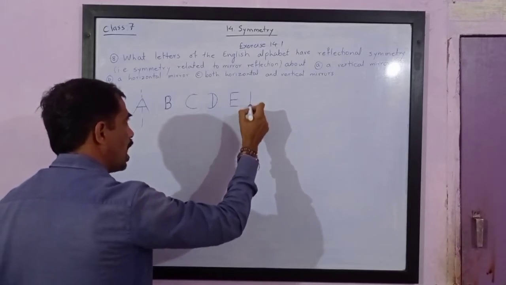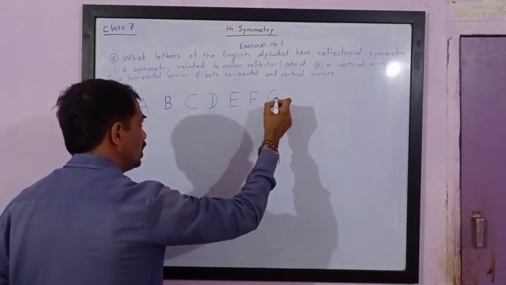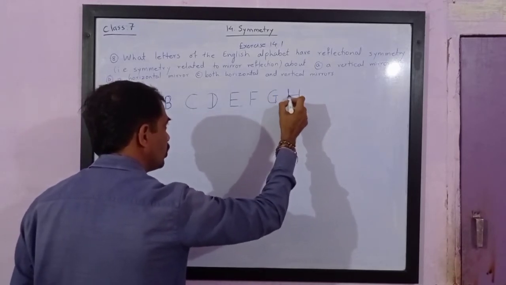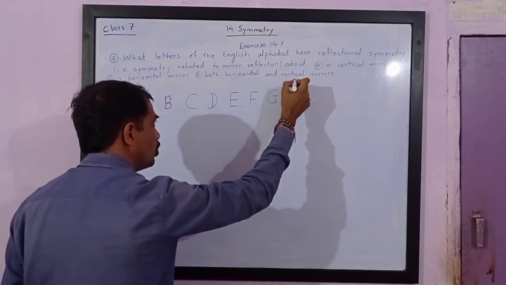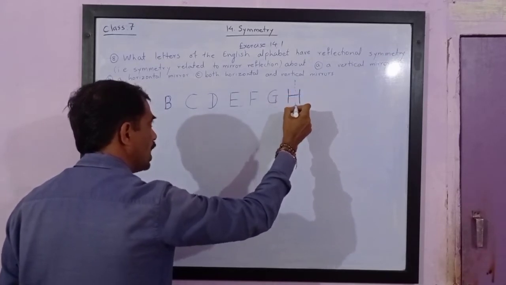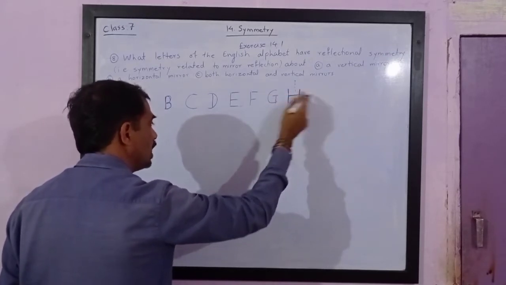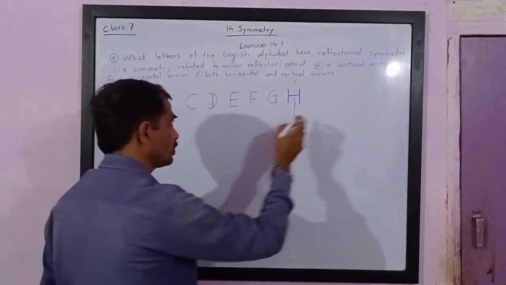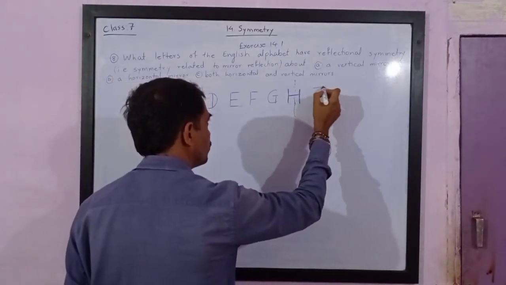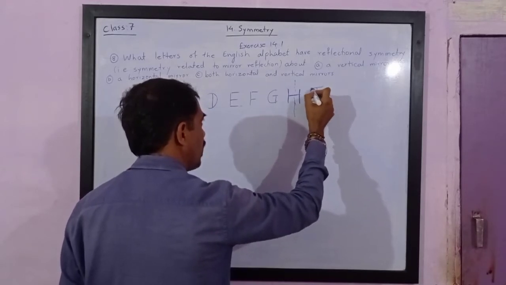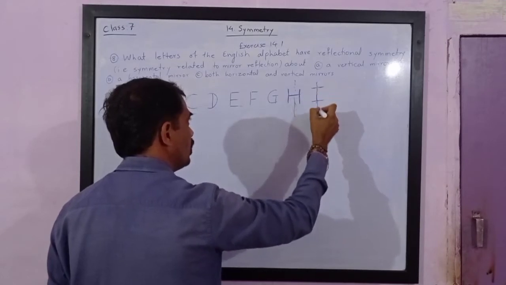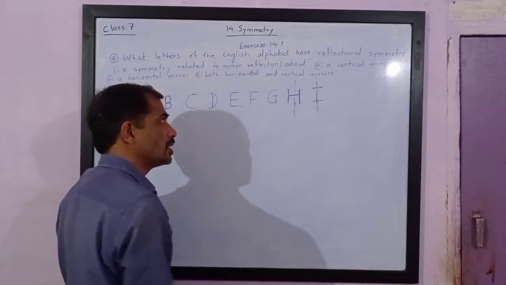E, F, G, H. Now regarding H, watch carefully. If you keep the mirror exactly at the center, you will notice that it exactly makes two equal parts. Then I, in case of I also, if you keep the mirror exactly vertical, you will notice that it makes two equal parts.